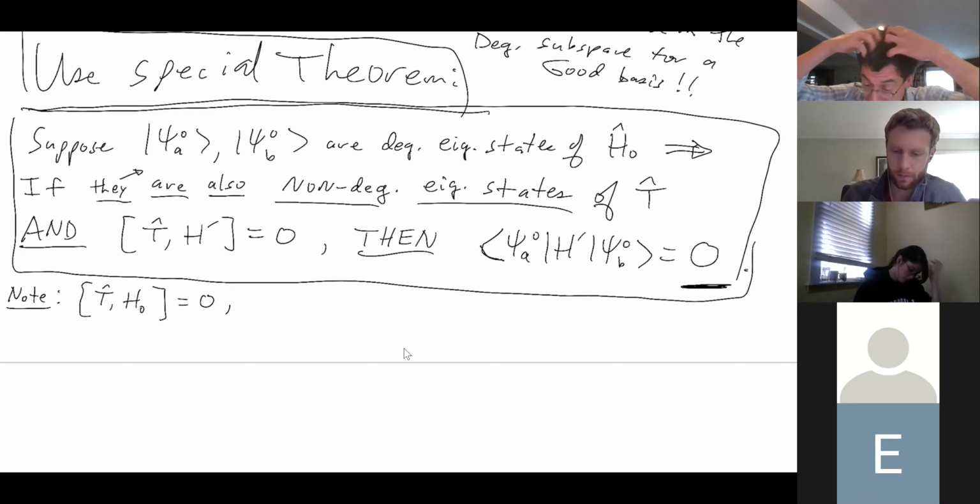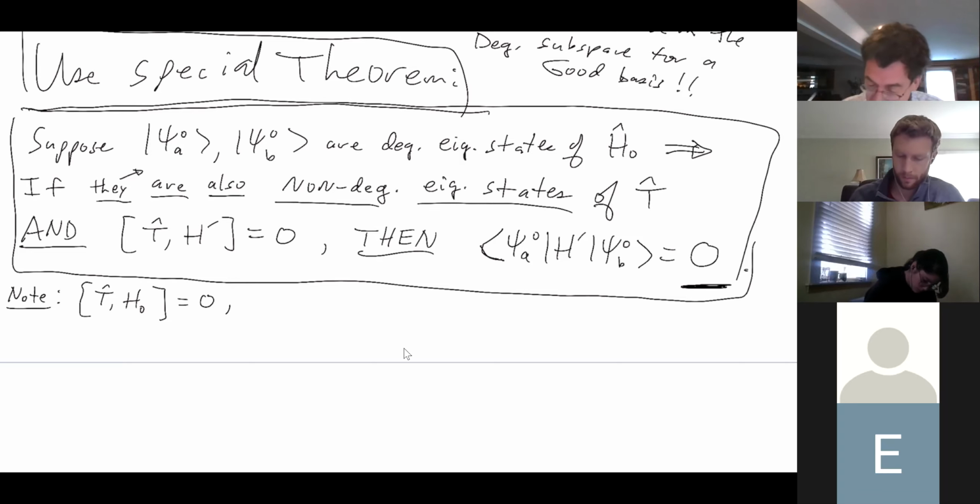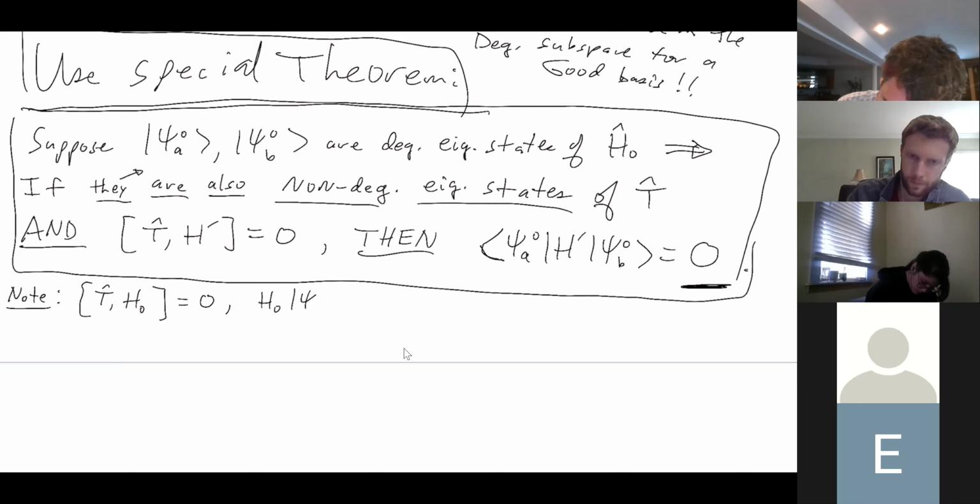But let's also notice that the fact that psi naught A and psi naught B are degenerate eigenstates of H naught means that if H naught hits psi naught A, then it gives me a constant, T sub A, times psi naught A, where that is the eigenvalue, right?